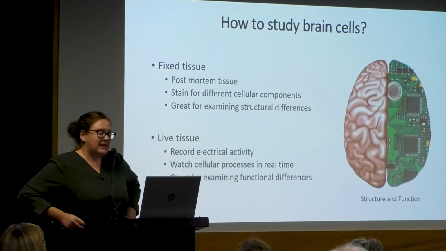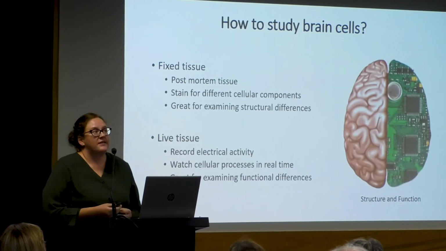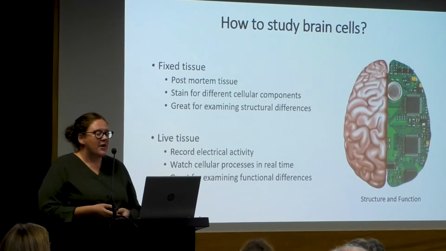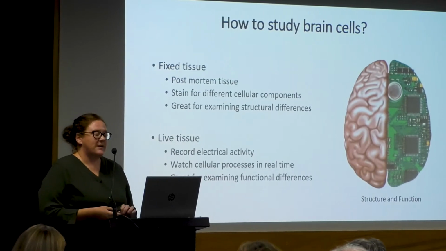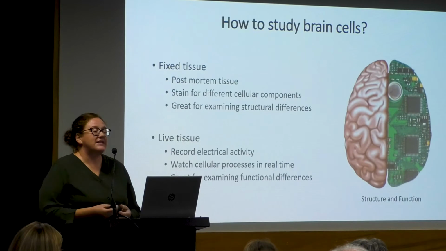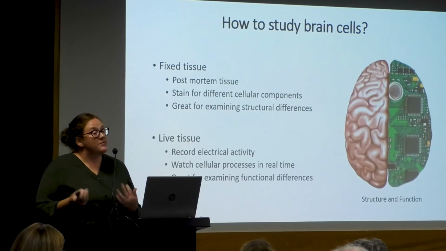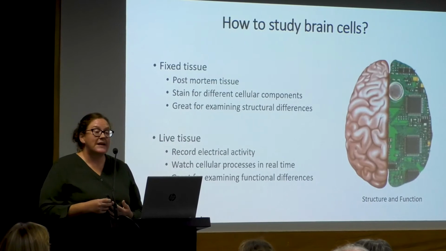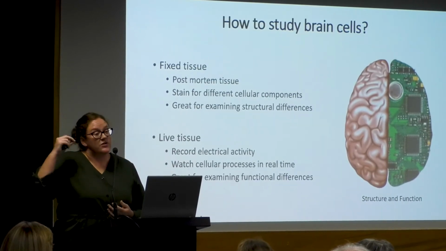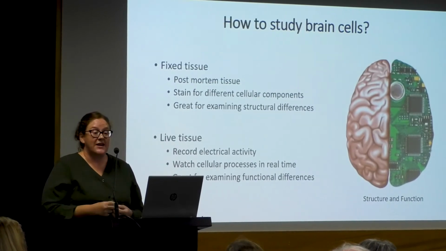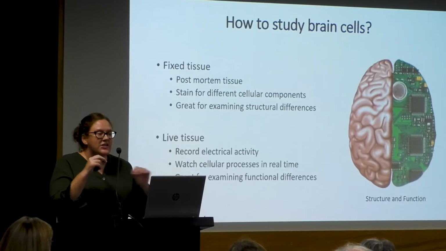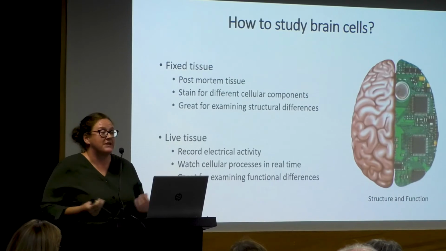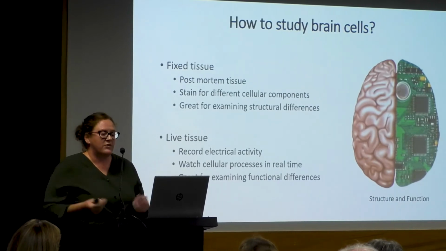So in terms of getting live tissue, most of the work that is done in neuroscience these days is done in animals, but it is possible to do some type of electrical activity measurements in human samples. Sometimes when people are getting surgeries for epilepsy, the neurosurgeons will do some recordings of individual brain cells just to check that they're not taking out a piece of tissue that's crucially involved in some function like movement or hearing.